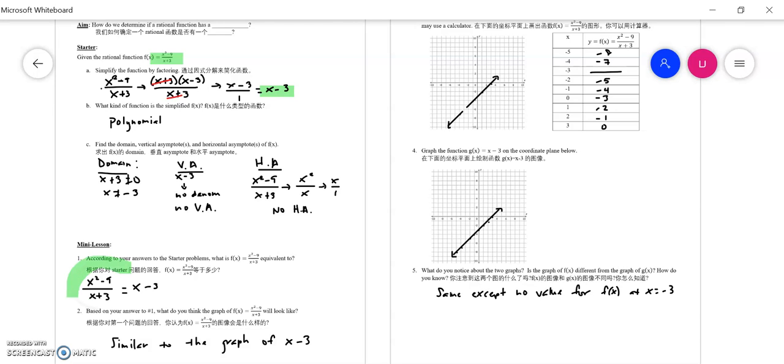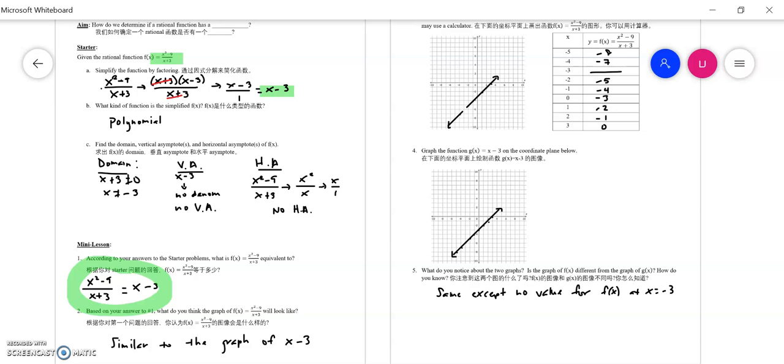And that's what this first part of the middle lesson was. These two are actually equivalent because we simplify it. We're allowed to simplify, so they're the same. And therefore, the two graphs should be similar. And when we look at these graphs, which are on the right, they are very similar. They're basically lines, except there's one key difference.